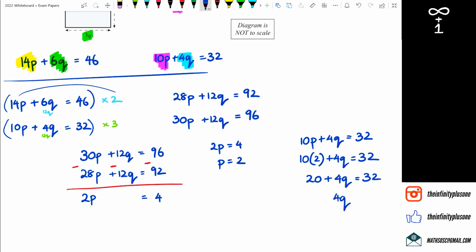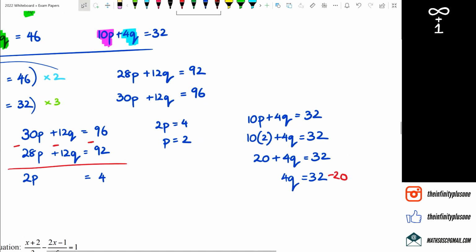I need to rearrange, so get rid of that 20 to the other side. It becomes minus 20. And if I keep going, I've got 4q equals 12, and q is equal to 12 divided by 4, which gives me q is equal to 3.